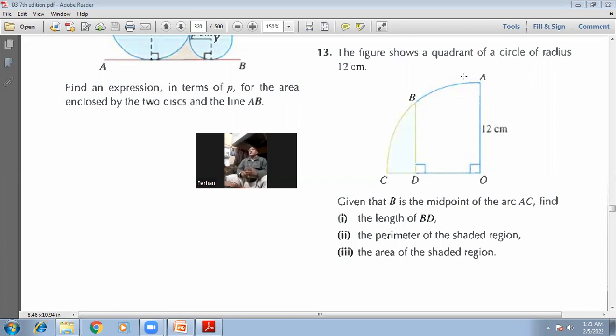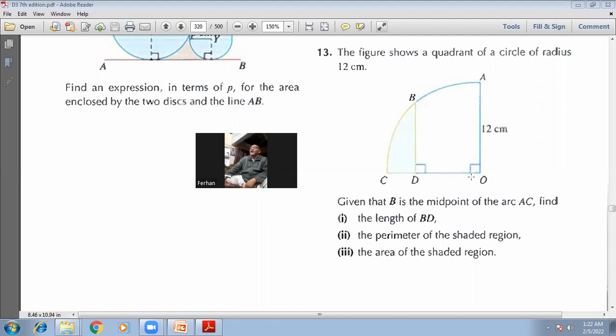So I can find the arc of the full circle, that is 2 pi r, and I will divide it by 4. I will get this ABC arc. Then the BC arc will be half of the ABC arc. And then I will join this point here, and I know this arc, and I know the radius is 12. I will be able to find out the angle subtended here.